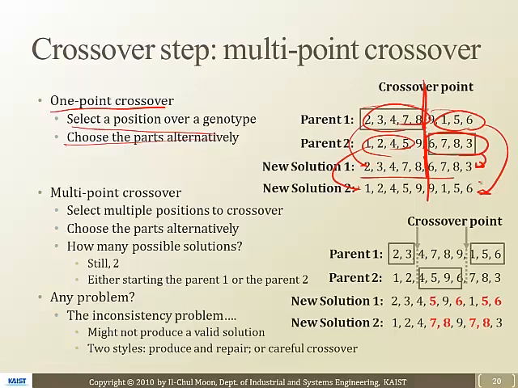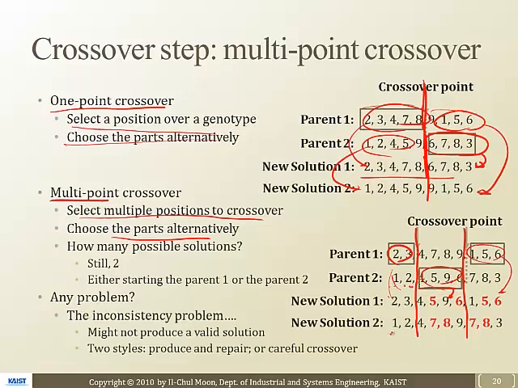But of course, we can set up multiple point positions to cross over, and same thing, choose the parts alternatively. So we set up crossover points here, crossover points here. So we take 2, 3 here, and then this solution comes here, and then alternatively this solution comes here.